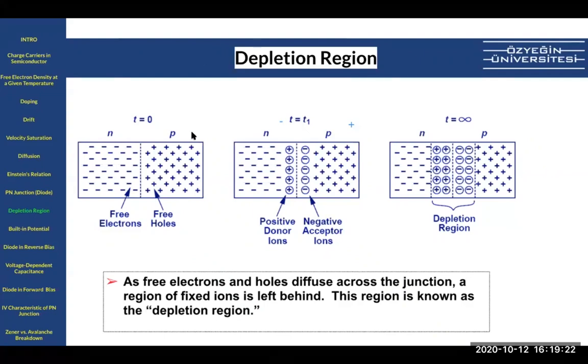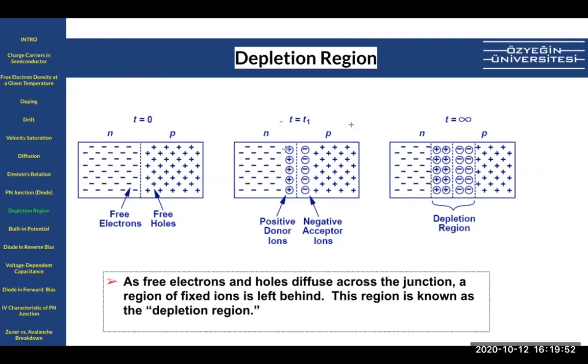So looking at it, as we leave this p-n junction in its neutral form, this is how it is at t equals 0. When we wait a bit, and when t equals t1, we start to realize that actually the electrons and holes are somehow combining with each other, and then we have a depletion region.